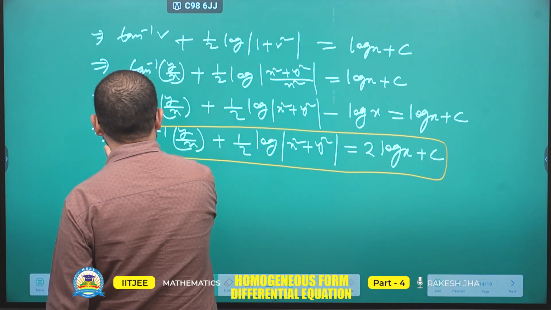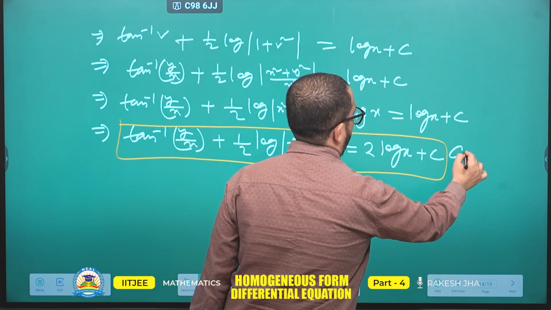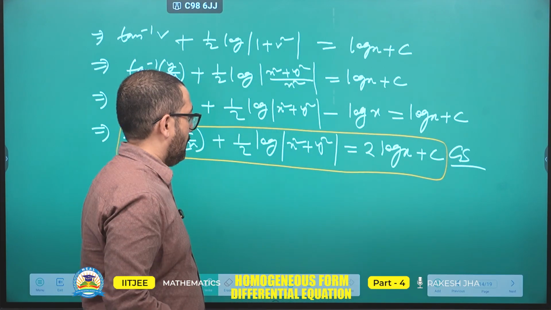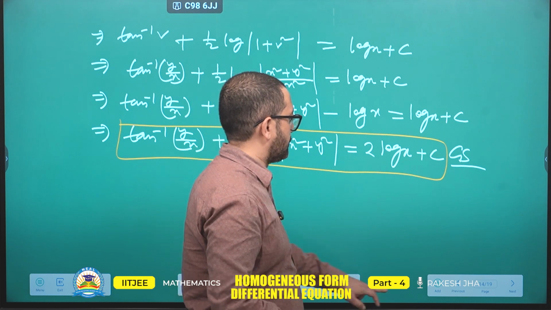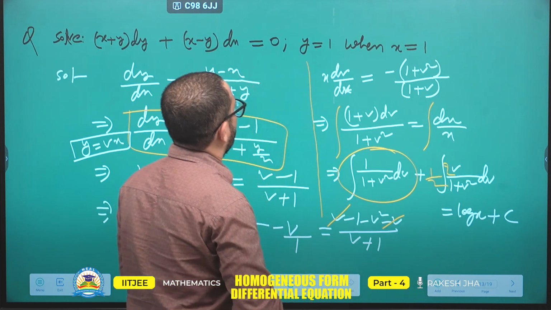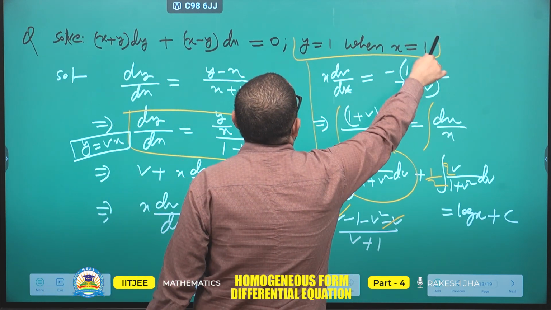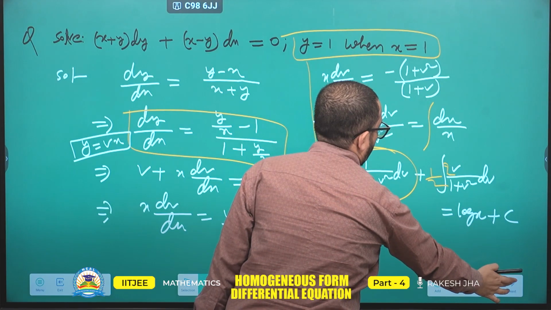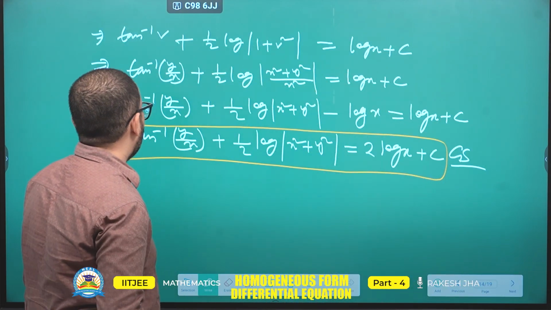This is nothing but the general solution of the given differential equation. Now we want the particular solution, because the values of x and y are given, x is 1 and y is 1. So with this we can get the value of c.